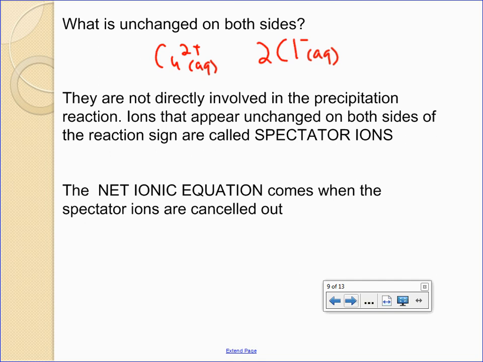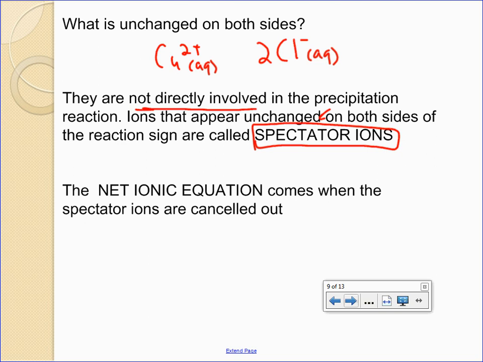Because our copper ions and chlorine ions are not directly involved in the precipitation reaction, we refer to them as spectator ions. And a spectator ion is anything that is unchanged on both sides of the reaction.